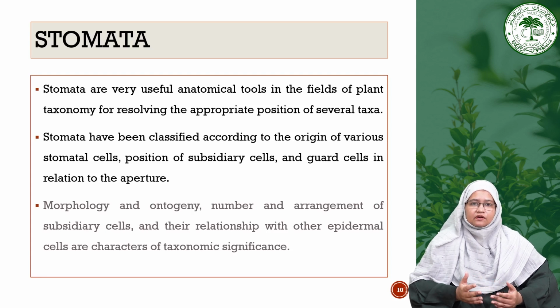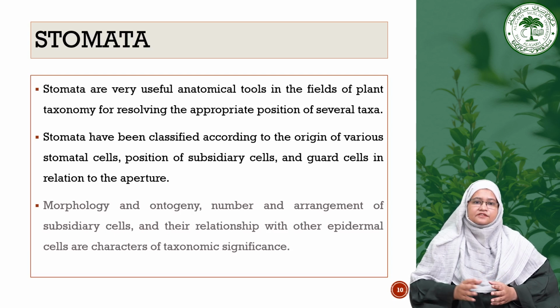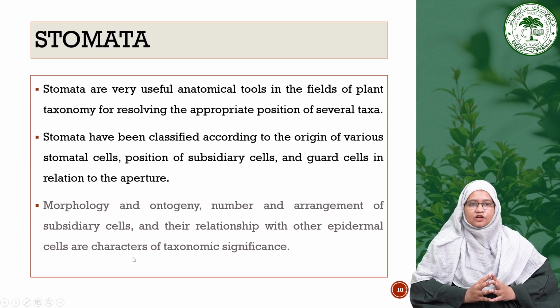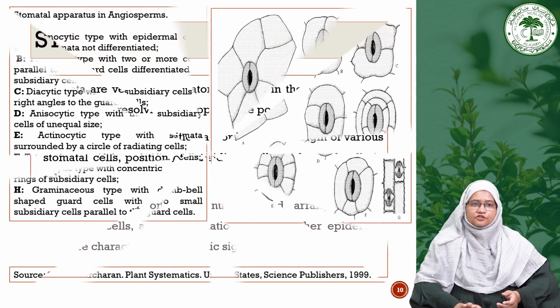Stomata are also part of the epidermal cells, as I have already told you, and stomata have been classified according to the origin of various stomatal cells and the position of subsidiary cells and guard cells in relation to their aperture. So morphology and ontogeny, number and arrangement of subsidiary cells and their relationship with other epidermal cells are characters of taxonomic significance in the case of stomata.